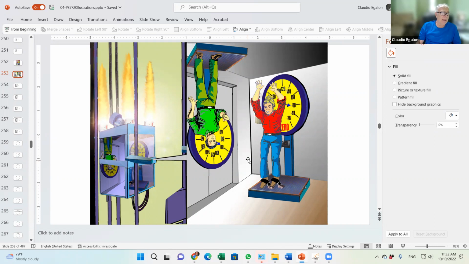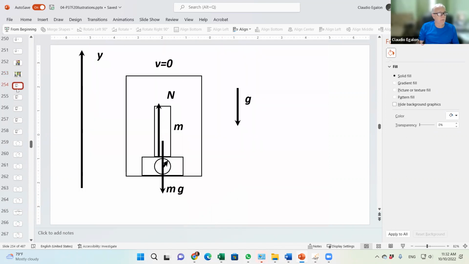And then you can have everything else in between. You can have the elevator accelerated upwards, so you feel heavier, and so on. This type of problem we solve by using Newton's law. I was supposed to solve this in the previous chapter, but I didn't because I want to tie that with the next type of problems, uniform circular motion, that we're going to see right now.